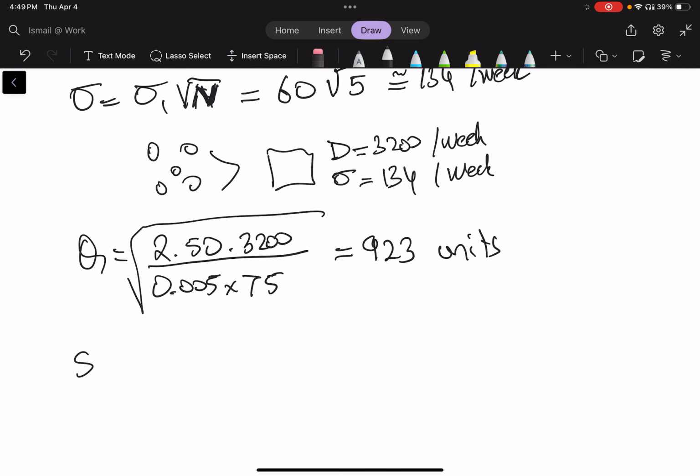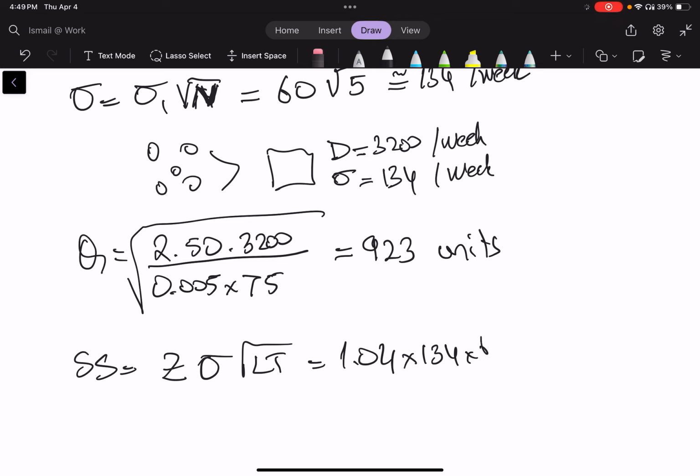Right. Next, the safety stock, and that is Z sigma square root of lead time. So Z was 1.04, right? Sigma is 134, and square root of 2. That would be equal to 197 units.